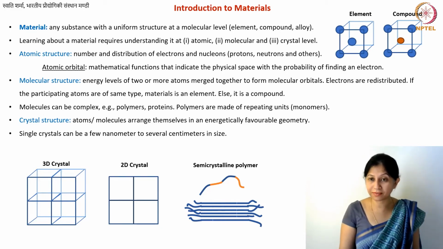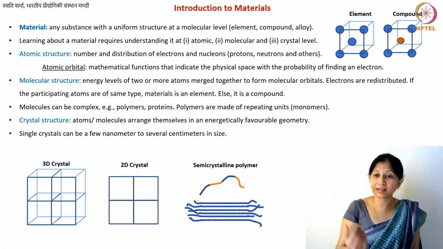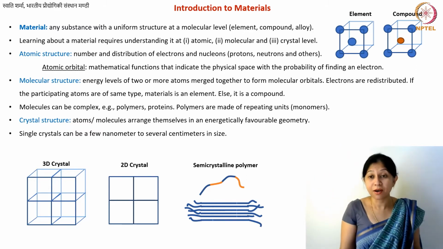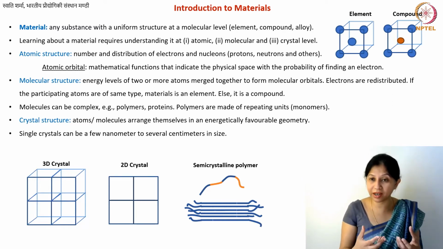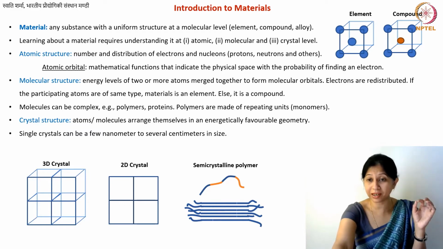For example, when you manufacture silicon, you have single crystals that are several centimeters long. So you can have crystals with or without defects, small or large, and different crystal structures are what basically determine the properties of a certain material, at least when it comes to the manufacturability of that material.